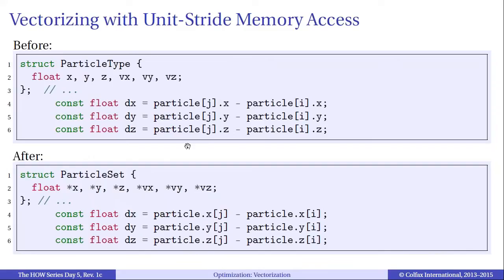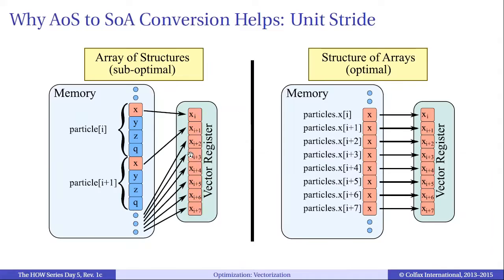The effect of this change is that when I access different particle coordinates and try to load them into a vector register, instead of doing j first, x second, I'm doing x first, j second. This allows me to take 16 values of j, and when I access memory for x, the memory addresses will be contiguous.